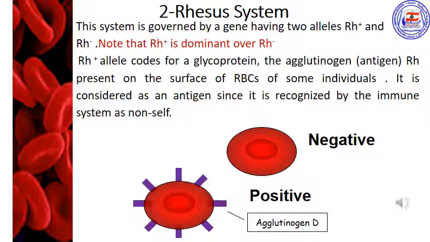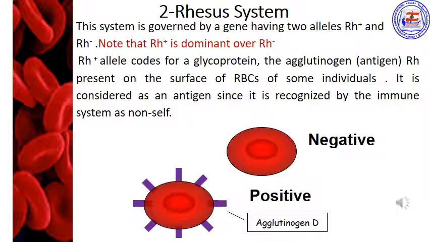This system is governed by a gene having two alleles, rhesus positive and rhesus negative, with the allele rhesus positive being dominant over rhesus negative. What does the allele rhesus positive code for? This allele codes for a glycoprotein, the agglutinogen or antigen rhesus, that is present on the surface of red blood cells of some individuals.